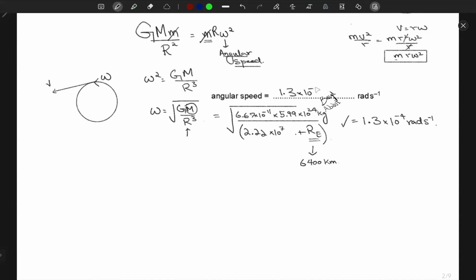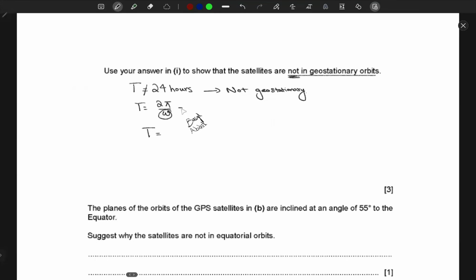So T becomes 2 pi by, what was the value again? I think 1.3 into 10 raised to power minus 4 radians per second. So the radians cancel with the 2 pi radians, and the 1 over this thing is really 4.8 into 10 raised to power 4 seconds.